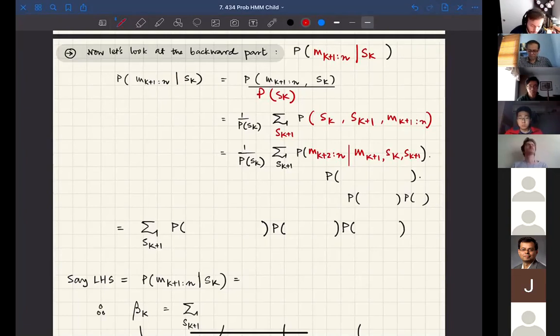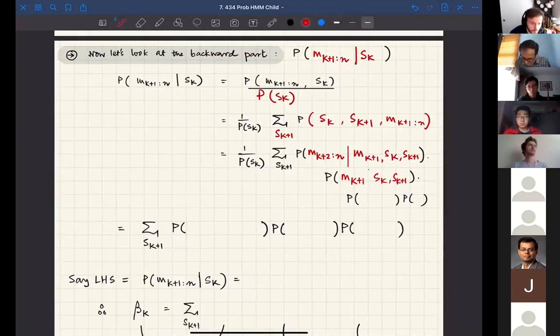Once I did that, now I need to have mk plus 1, comma, sk plus 1 here. Make sense? But look, I'm going to write this mk plus 1, comma, sk, comma, sk plus 1 as mk plus 1 given sk plus 1, and then write sk plus 1 here. Is that okay?